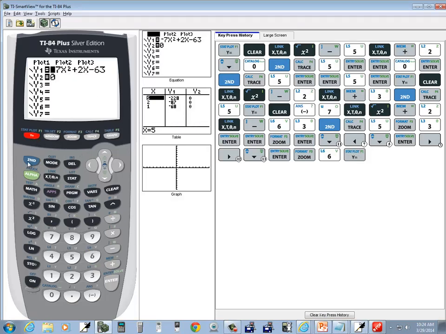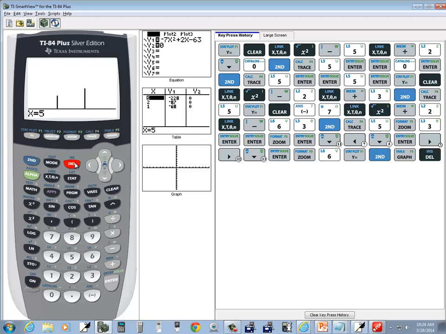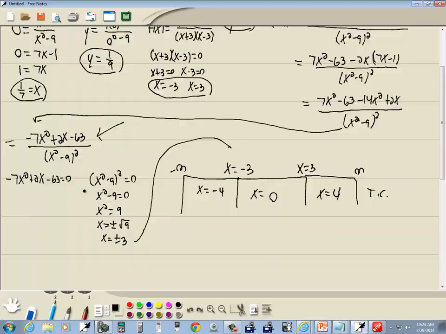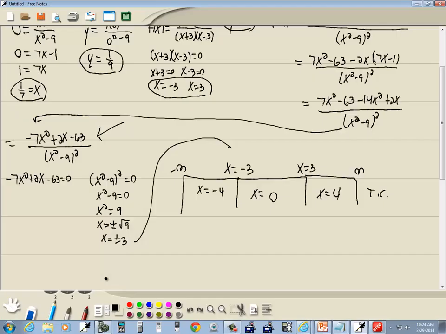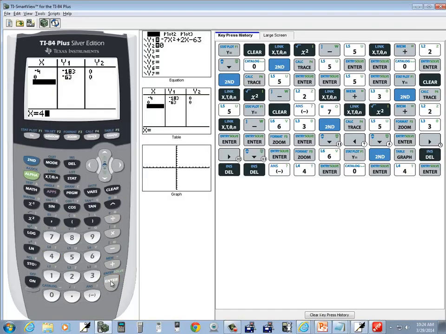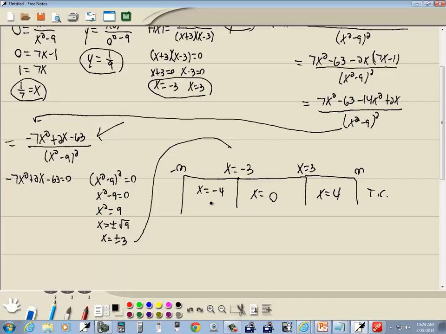So let's just go to our table, do second graph. I'll press delete a few times, clean those out. And I'll do negative 4, enter, 0, enter, and 4, enter. Negative, negative, negative. That's interesting. Decreasing, decreasing, decreasing.